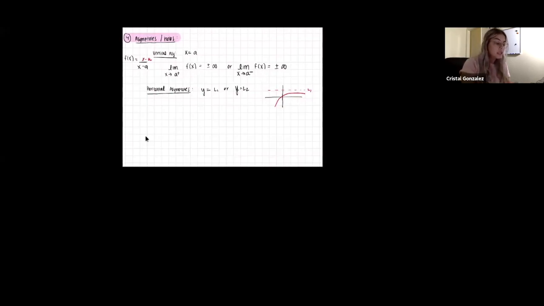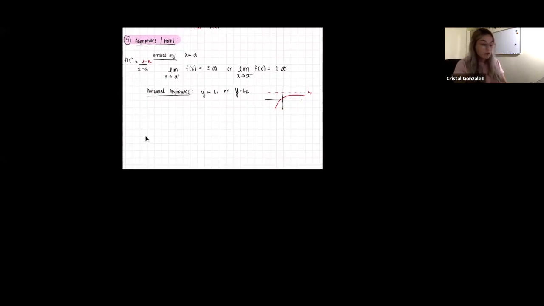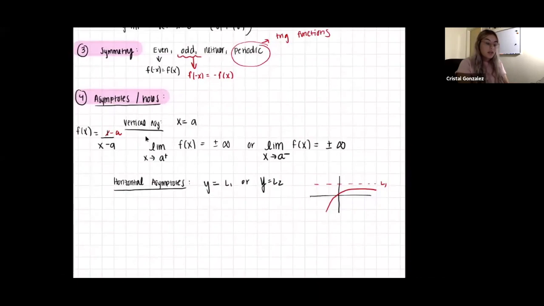And so this involves a little bit of calculus and a little bit of derivatives, because in order to find the horizontal asymptotes, we want to know what happens to the function in the long run. So in the long run going to infinity, or in the long run going to negative infinity. Is it shooting off forever, or is it settling on something like the line y equals L1 or y equals L2? We don't really know. And so that's what we're going to investigate.